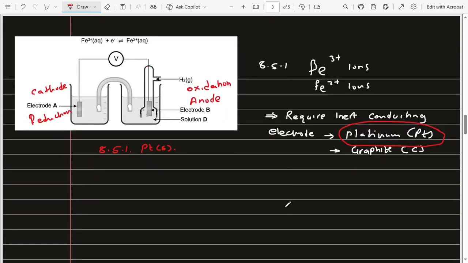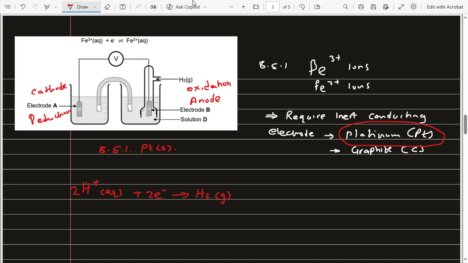Okay, so now if you still remember, the hydrogen half cell reaction was 2H+(aq) + 2e- forms H2(g).